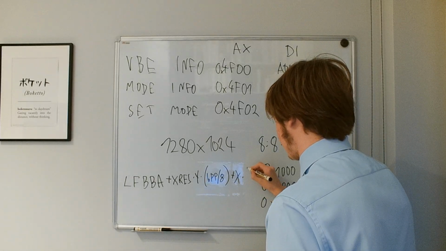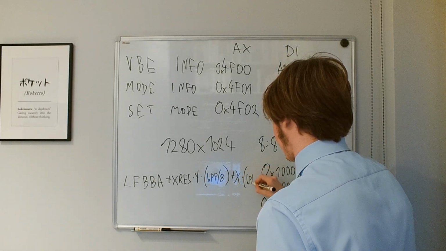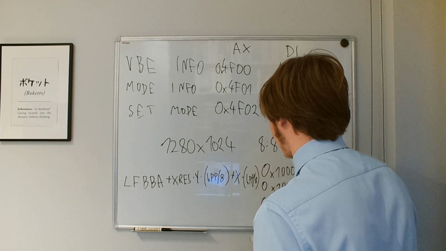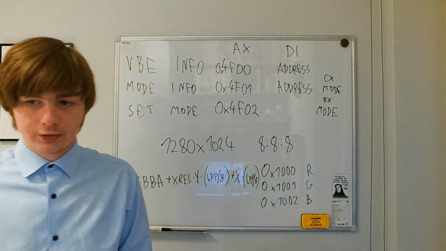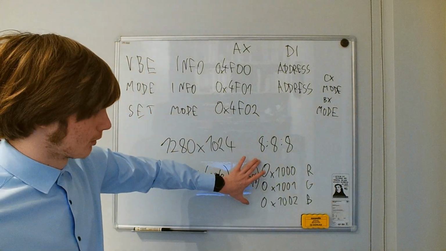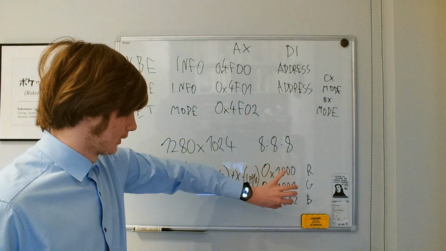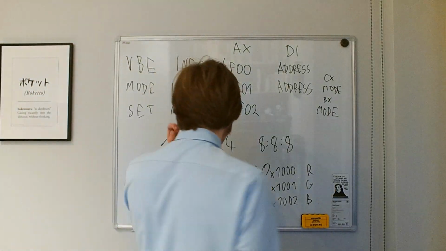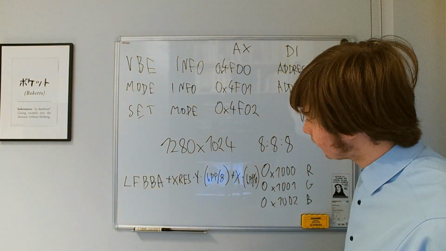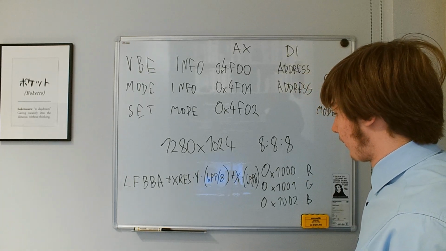X times bits per pixel divided by 8. I think you can easily see how this formula works. It's the same, except we have to remember that one pixel is going to actually occupy 3 bytes.